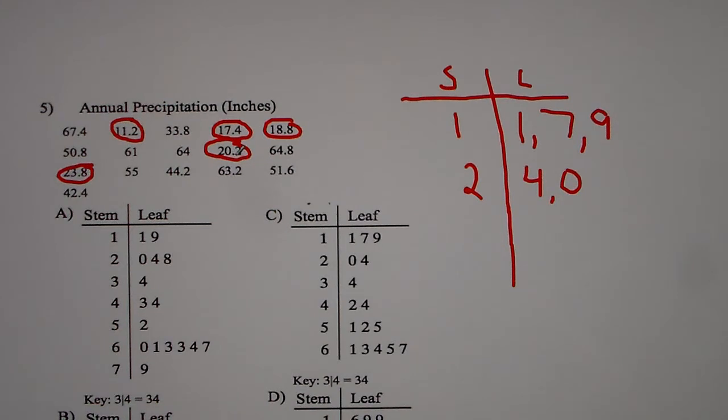It's less than 5. So I put that 0 in. And there's no others for our 20s. Oh, yeah, 4 and 0, good. And let's look at 30s. So we got 33.8, which is really 34.